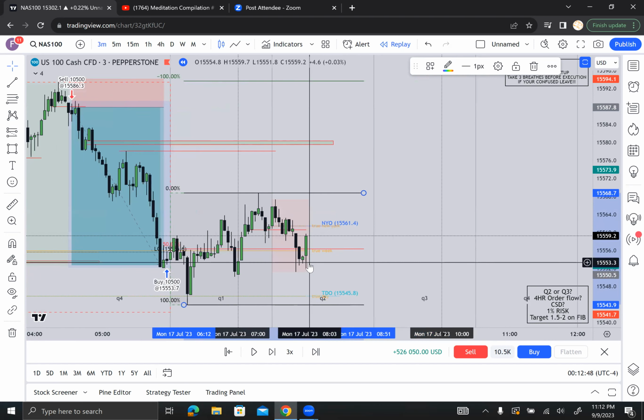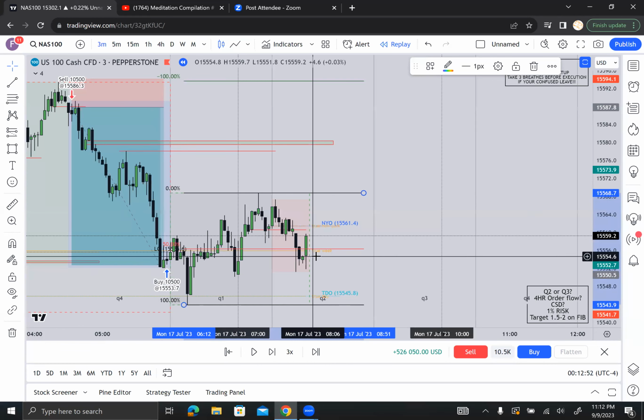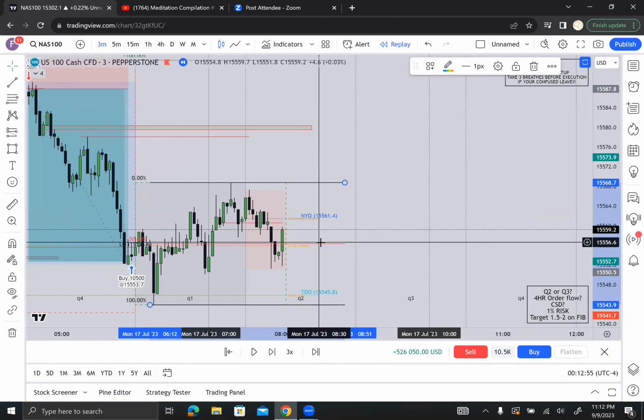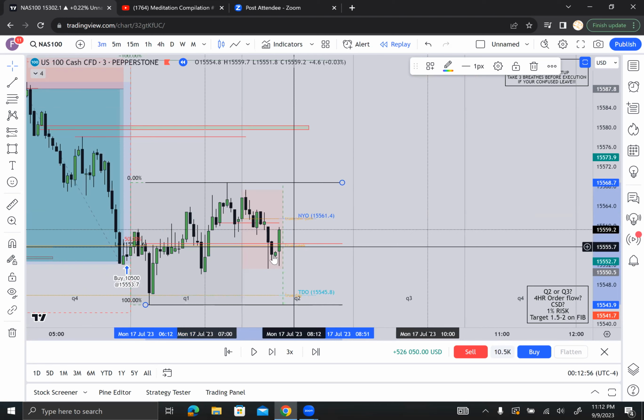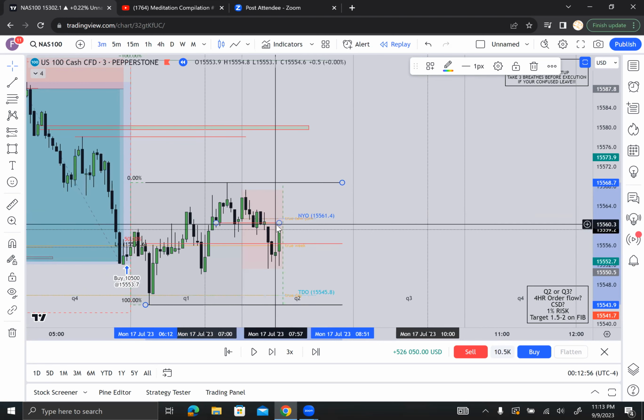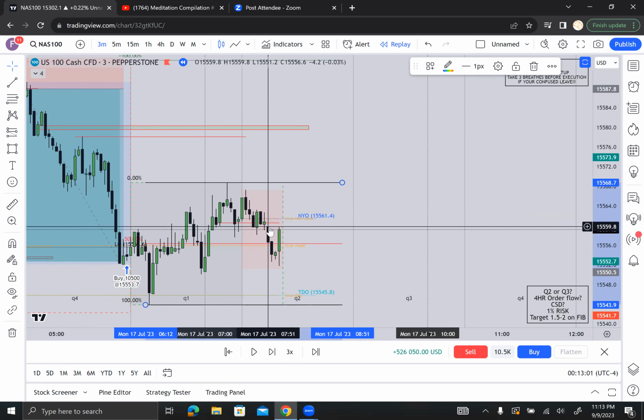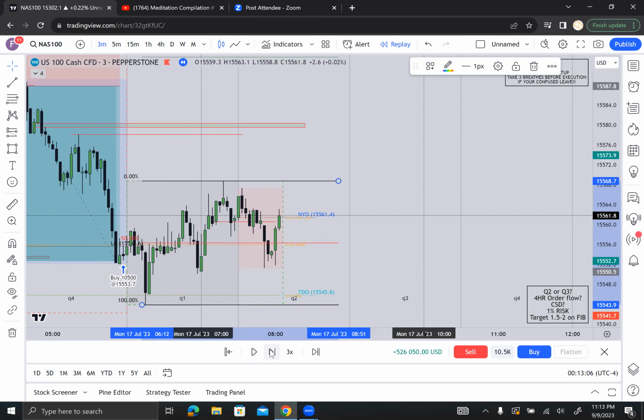Based off time frame, I would like to wait for at least one more confirmation. So I want to see it give us a nice break above this little gap here. Yeah, that's enough for me. It gave us a gap here.